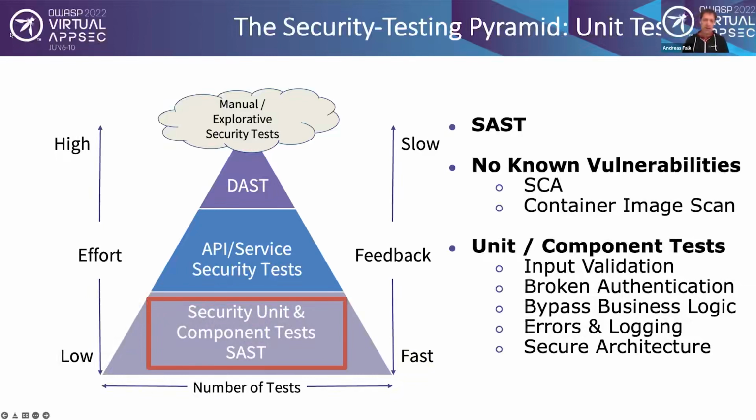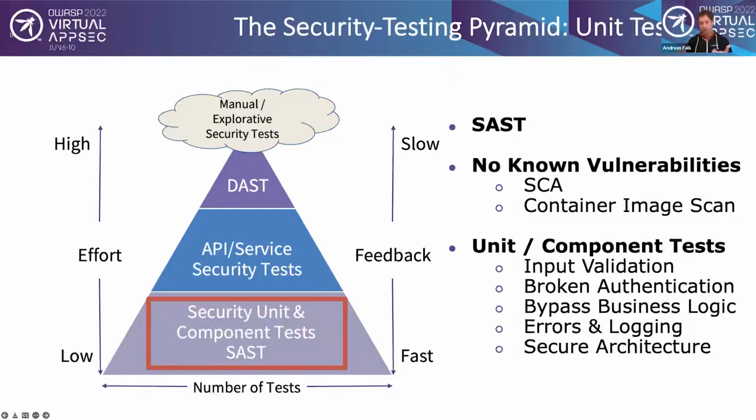Here you clearly have already tests like static application security testing. You also test for dependencies so that your Spring Hibernate dependencies do not have any known vulnerabilities. Also, if you're using container images or Kubernetes, then you also conduct a container image scan at that stage. And then you typically add unit and component tests in an automatic execution fashion.